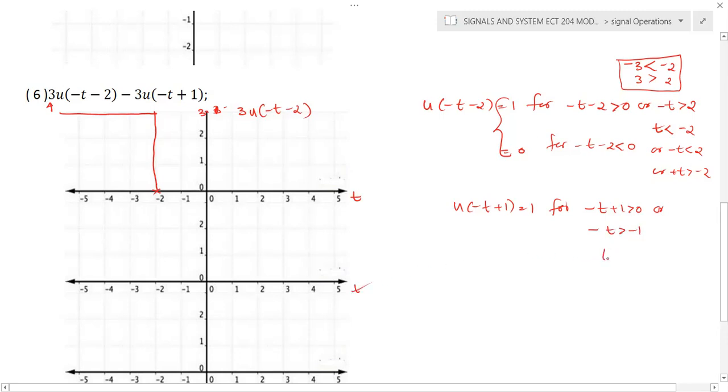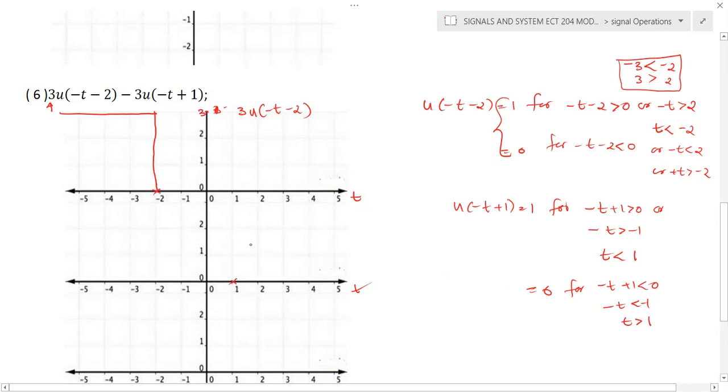So this is minus t, so we'll multiply with minus 1, so it becomes t and 1. So now we need to change the sign. So t is less than 1. Now for the other condition, 0 for minus t plus 1 less than 0, or you can write minus t less than minus 1, or t greater than 1. So this is the point 1.